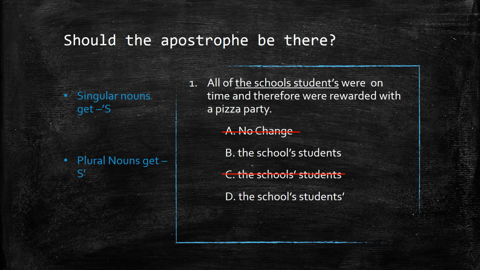And so we're back to that second way we're tested, should the apostrophe be there or not. And so I've got to remember, look at the next word. So in this case, I asked myself, can students have a were? Well, obviously this makes no sense. That can't happen. And so I do not want the apostrophe in this case. So answer choice D is out, and B is going to be the right way to go.